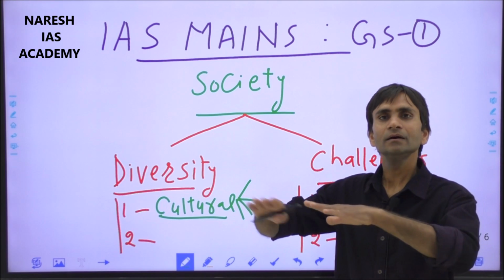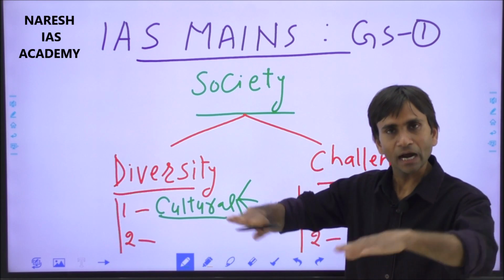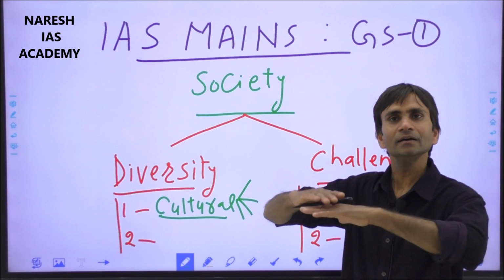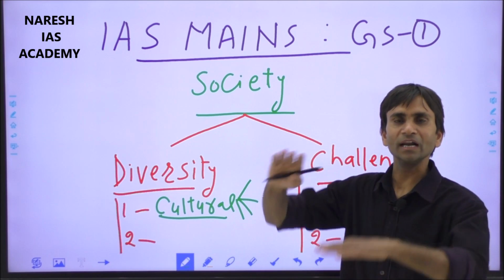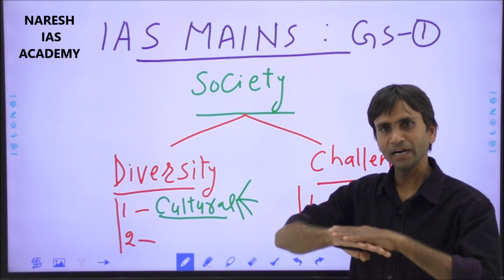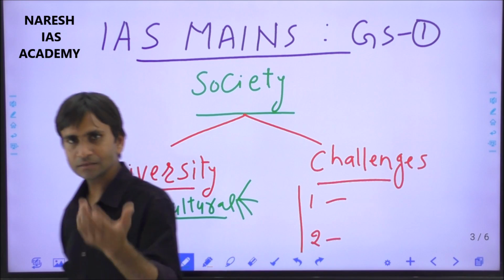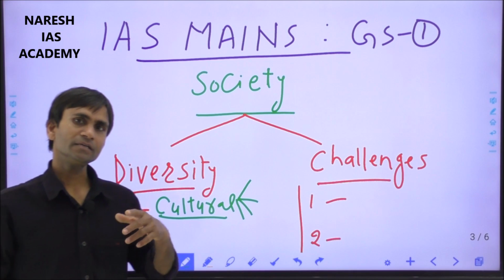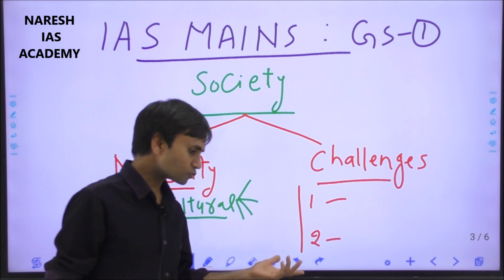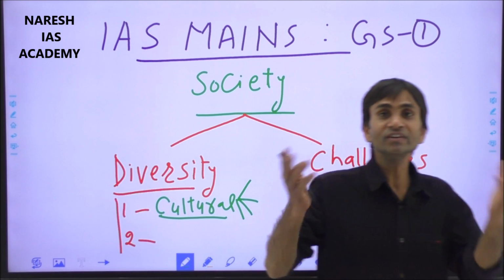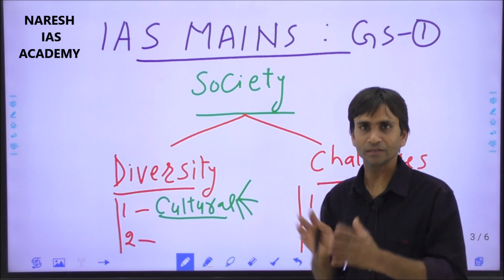They exist along with each other, and they are the backward and forward linkage to each other. And again, cultural diversity does not dominate over geographical integration.